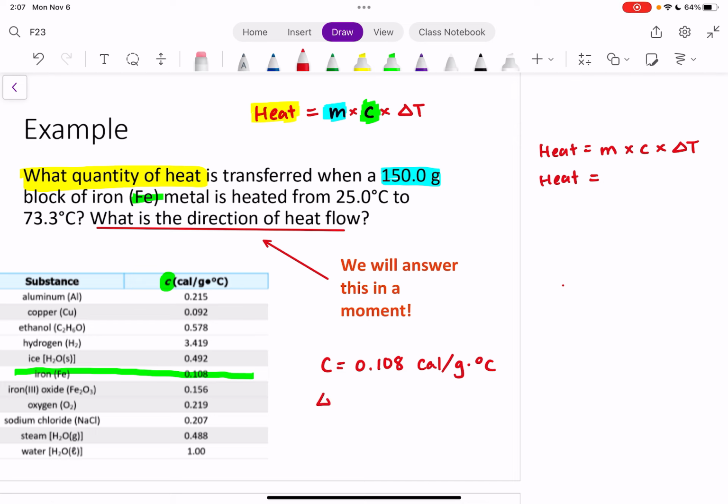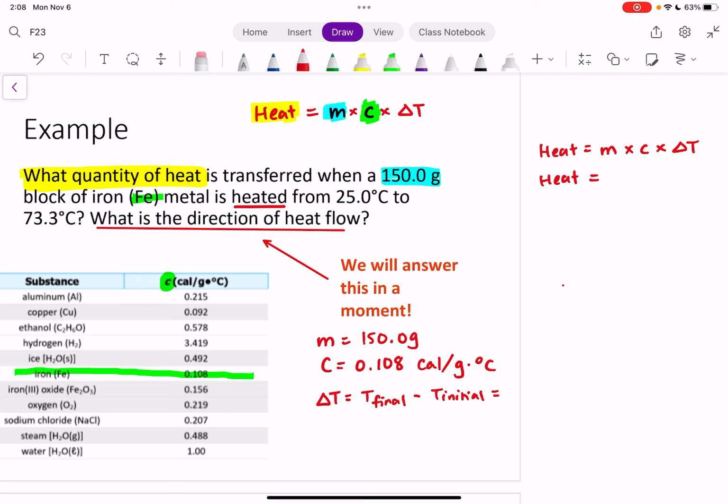And then what's our delta T? Let me write our m over here as well, so that we have a whole list going. Well, we start with 25.0 degrees Celsius as our temperature, and we heat it to 73.3. So which one's our final temperature, and which one's our initial?